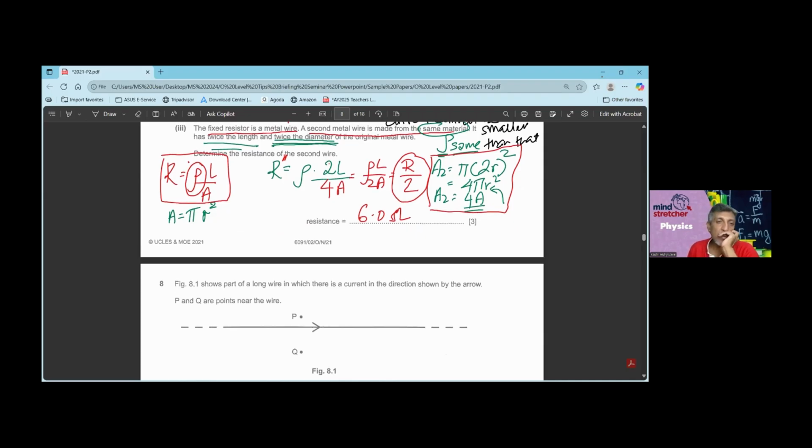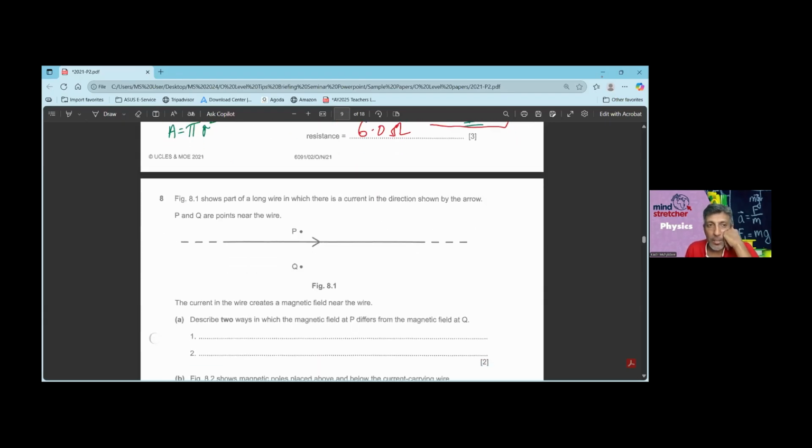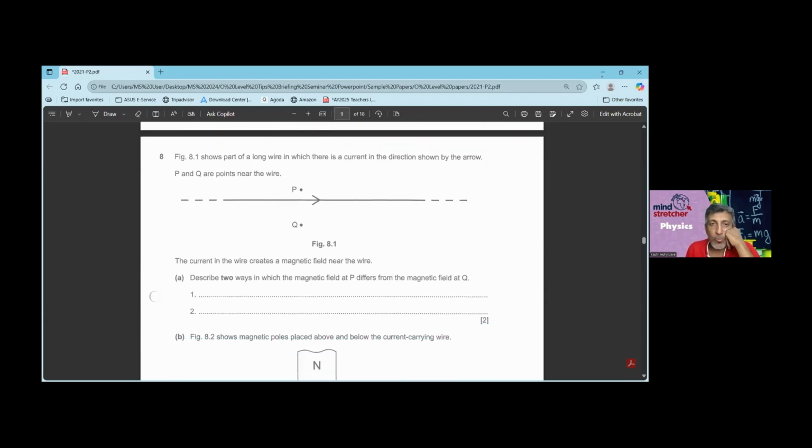All right, question number 8 is on electromagnetism. Figure 8.1 shows part of a long wire in which there's a current in the direction shown by the arrow. So basically, guys, how do I find the magnetic field in a current carrying wire? I use the right hand grip rule.